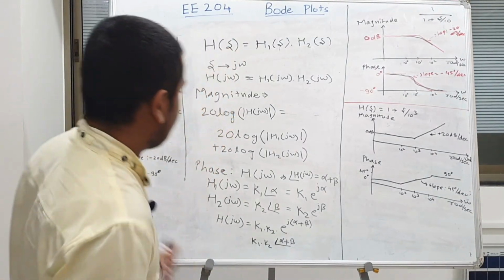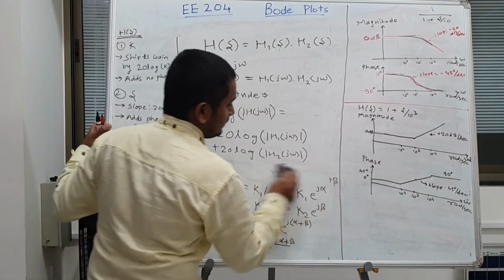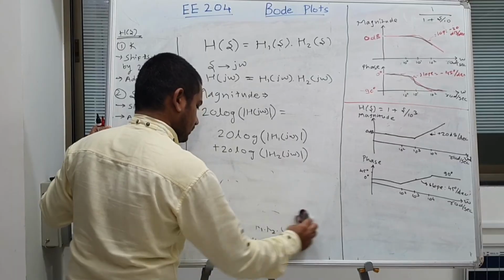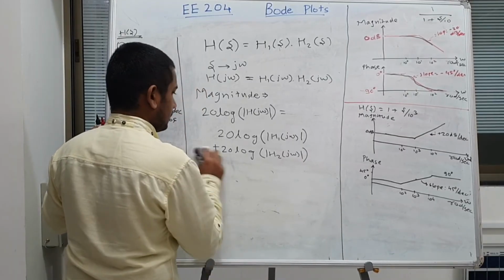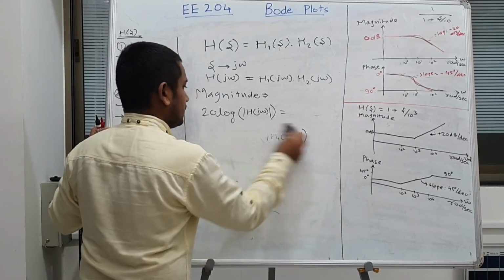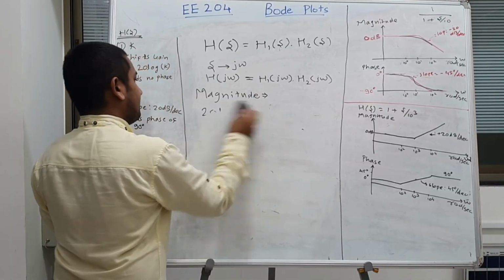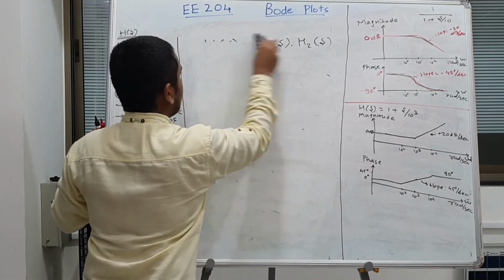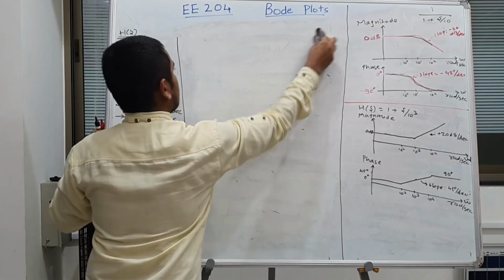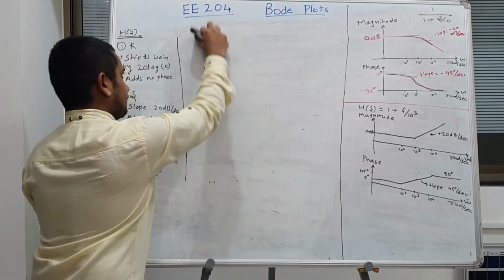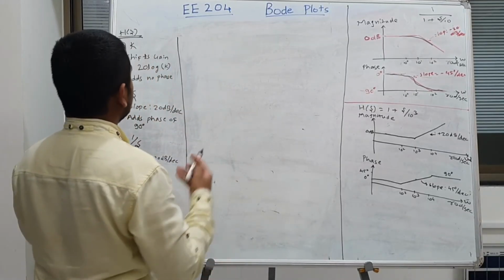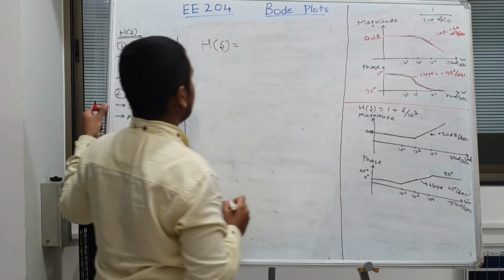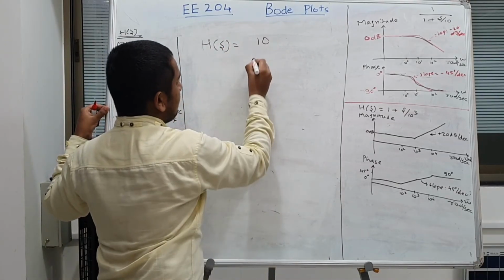With this understanding, let's start with one example. We will take a system which has a constant term and two poles. H of s is equal to, let's say the constant term is 10.